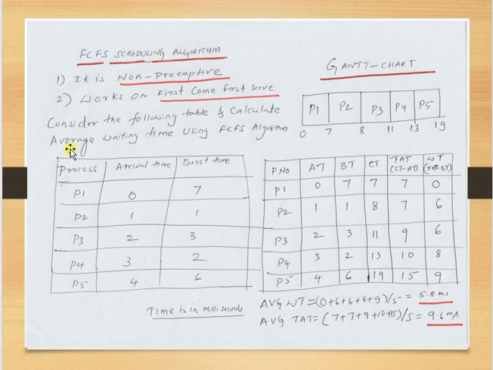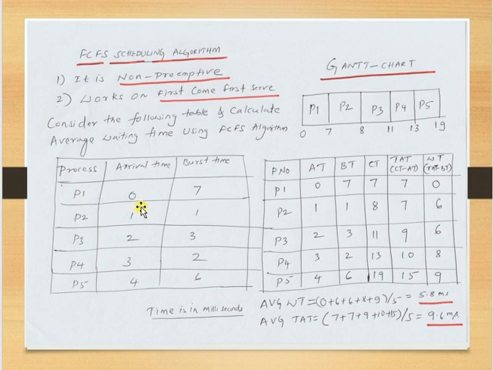Yes, let me start solving the problem. Consider the following table and calculate the average waiting time and average turnaround time for the processes in the first come first serve algorithm. The table is given: the first column is process, the second column is arrival time, the third column is burst time.